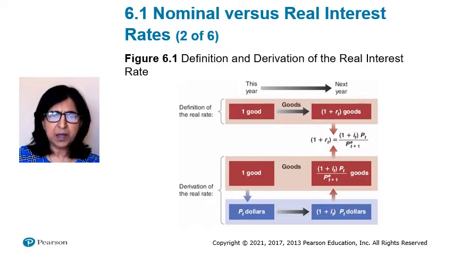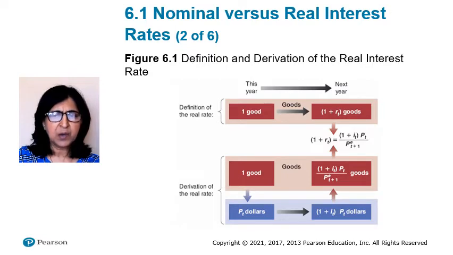Uppercase P with subscript lowercase t represents the price of a good today. I will call it P_t. Lowercase r with subscript t represents the one-year real interest rate, or real return in terms of goods. I shall call it r_t.